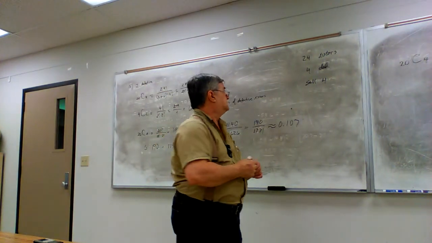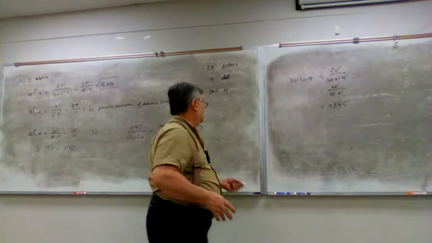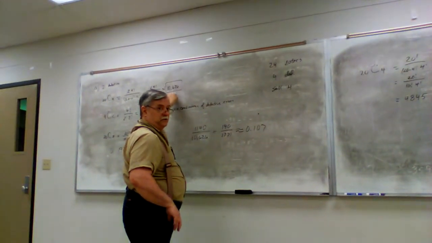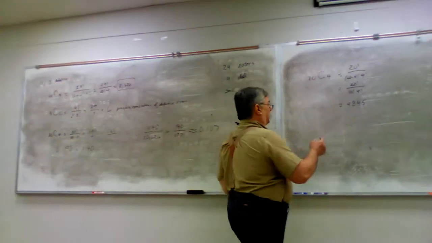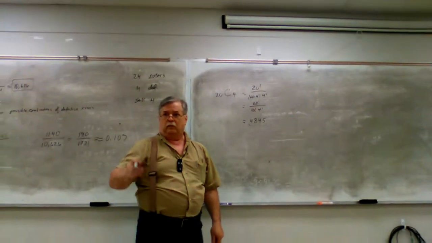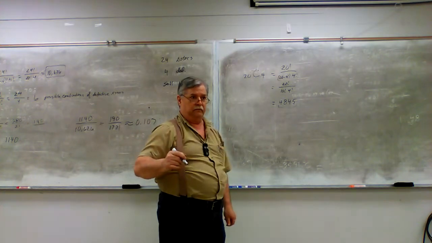So, of all 24 transistors, there are 10,626 possible combinations. But only 4,845 of those combinations have 0 defective transistors in them.